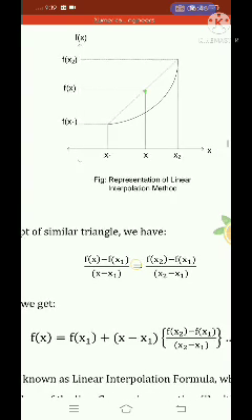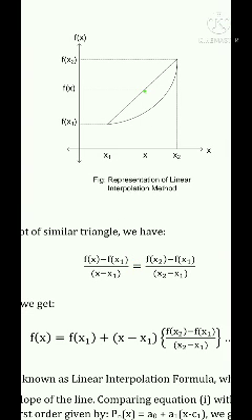Here, we have f of x is equal to f(x1) plus x minus x1 quantity f(x2) minus f(x1) all over x2 minus x1.